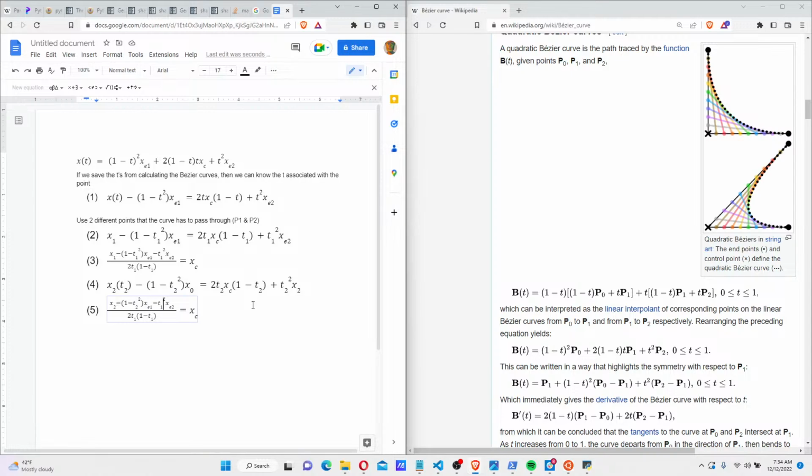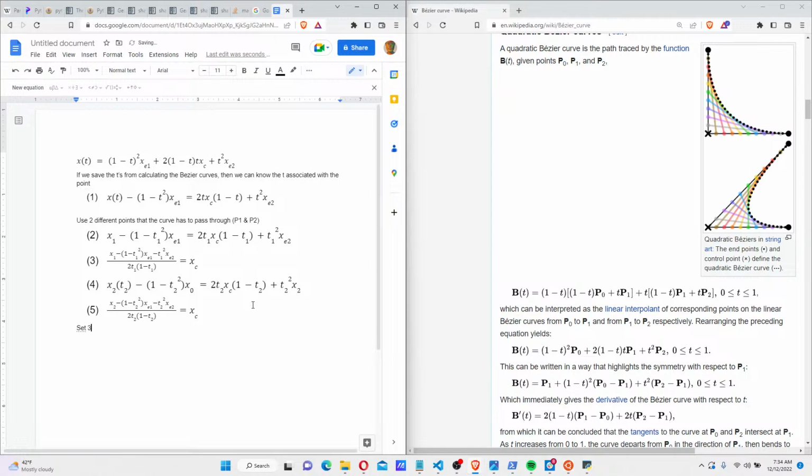Okay. Now this should be T2. X sub E2. This should be T2. And this should be T2. So now we have X sub C.